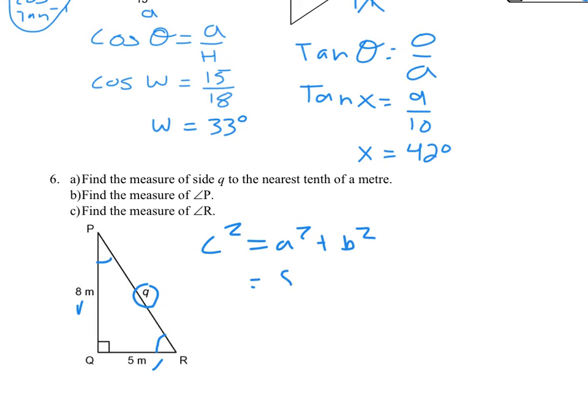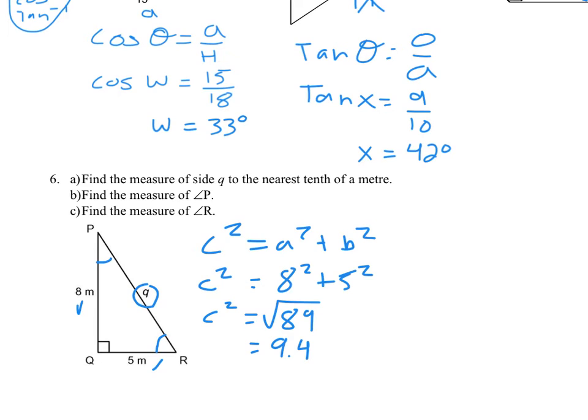And then I'll just write in the other two side lengths to be able to solve for my hypotenuse. I'll use my calculator. 8 squared plus 5 squared is 89. We'll square root that 89 and find out that that side length is 9.4.